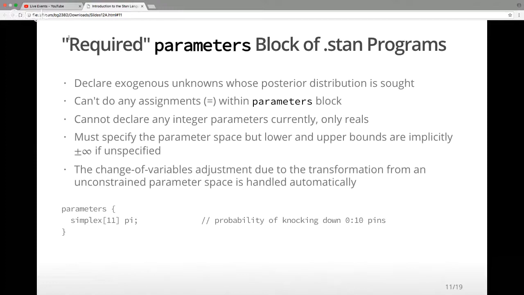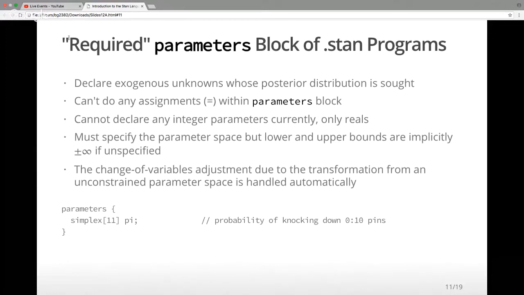And so the transformation that enforces that restriction on pi involves some change of variable stuff, but that's the sort of thing Stan can automatically handle for you. Outside of this, if you're doing transformations and you're putting priors on transformed parameters and whatnot, you have to do the change of variables Jacobian adjustment yourself.